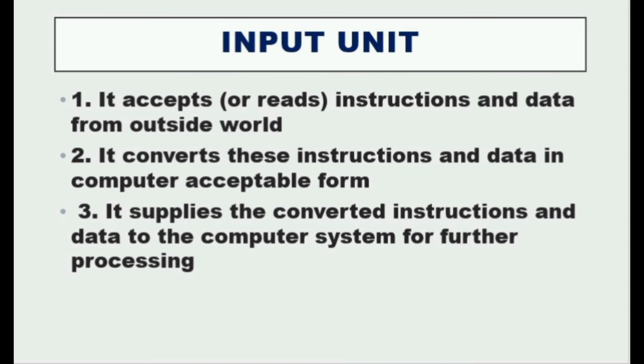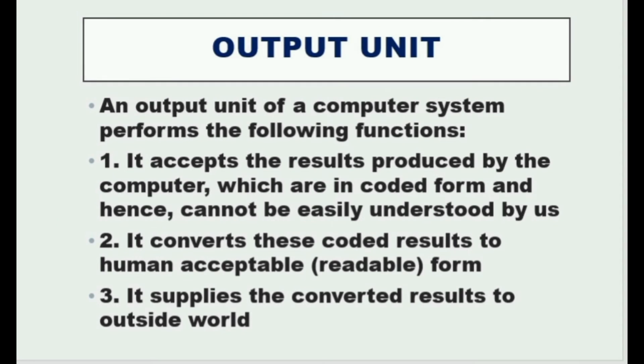So the work of the input unit is to convert these instructions into computer acceptable form. It supplies the converted instructions and data to the computer system for further processing. Now you are clear. So next we move forward to the output unit. After processing, what does the output unit do?